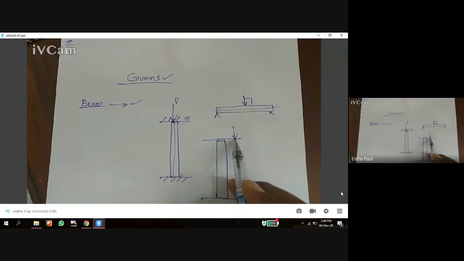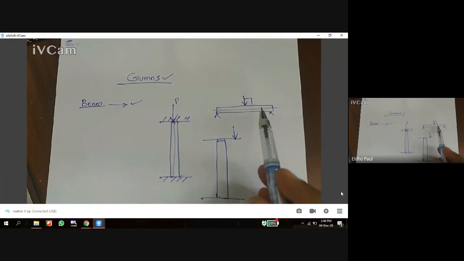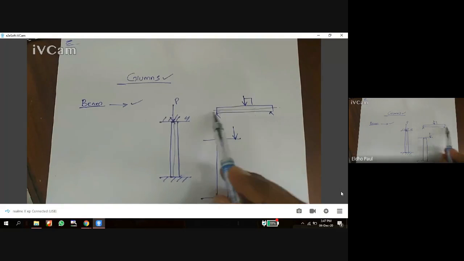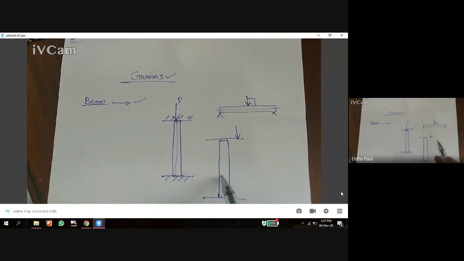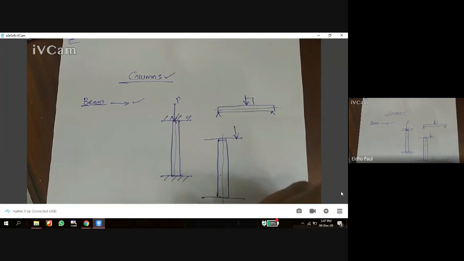A vertical member that resists axial or eccentric load is called a column. Beams carry a load perpendicular to the axis of the member, and columns carry a load parallel to the axis of the member. That is the difference between a column and a beam.